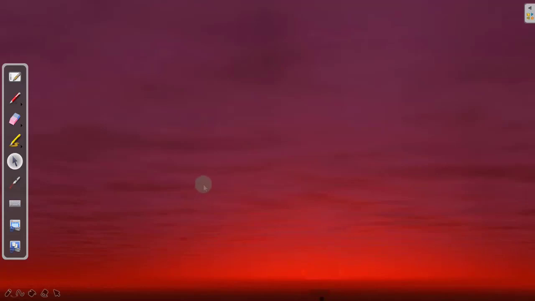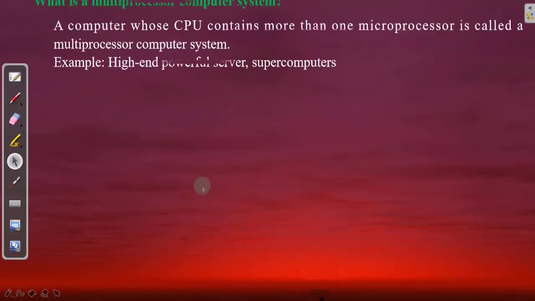Next, let's see the next term: what is a multiprocessor computer system? This is again a very important term, and in the exam you may get a question such as: write down the difference between a microcomputer and a multiprocessor computer. You have to write in one or two sentences.